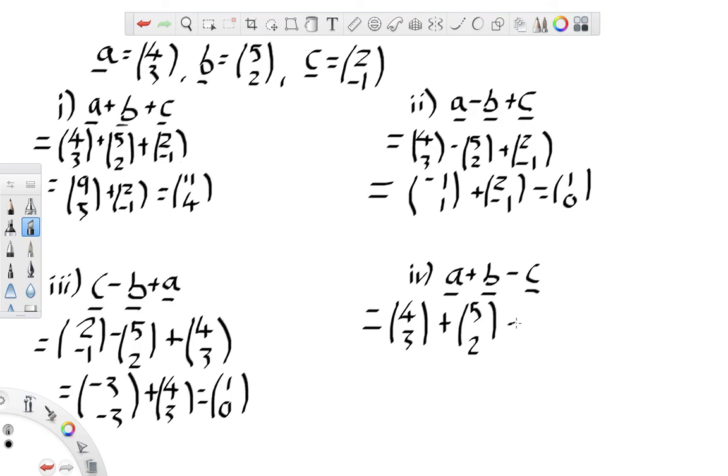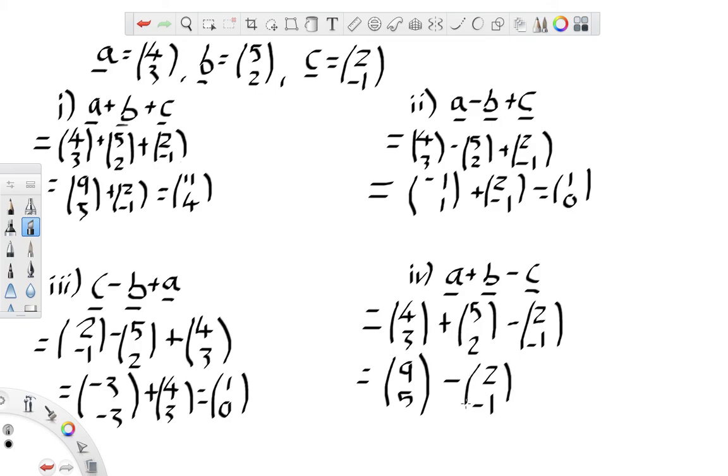Then we're taking away C, which is (2, -1), like that. So again, I'll do it in stages. So 4 plus 5, well that's 9. And 3 plus 2 is 5. And then we're taking away from that the vector C, which was (2, -1).